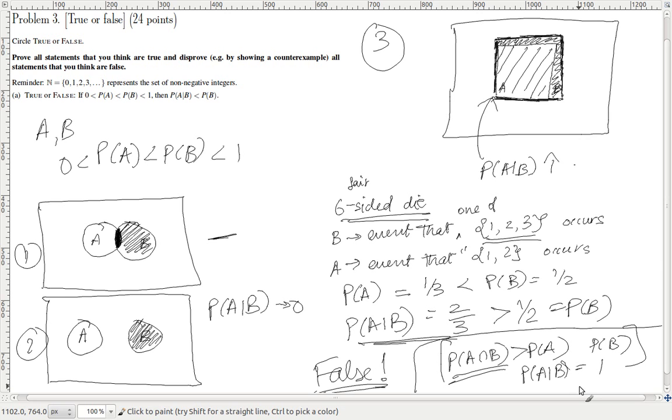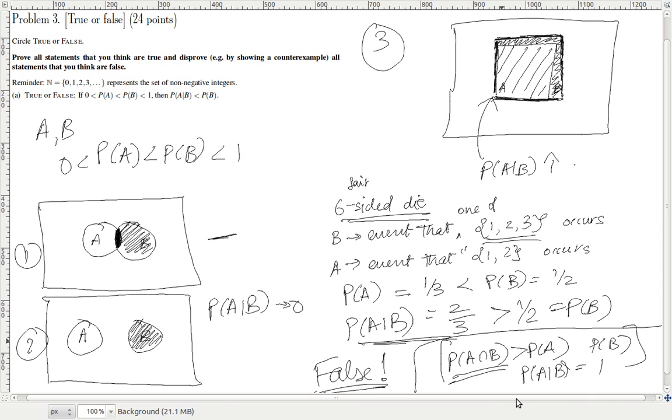Because if you have complete knowledge of A when B happens, that means B is contained within A. That means when B happens, then B is one of the events which forces A to happen. But if that's the case, then the probability of A should be at least as much as the probability of B, right? But that's not possible because the question demands that the probability of A is less than the probability of B.